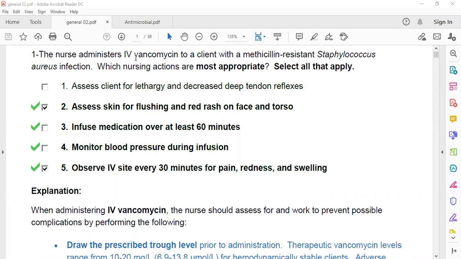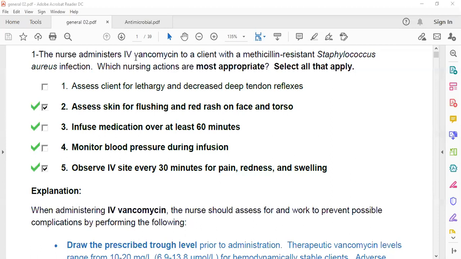Also, when you give any medication like vancomycin, we should keep in mind what the side effects are. Vancomycin can cause ototoxicity, meaning a hearing problem, or renal toxicity, right?